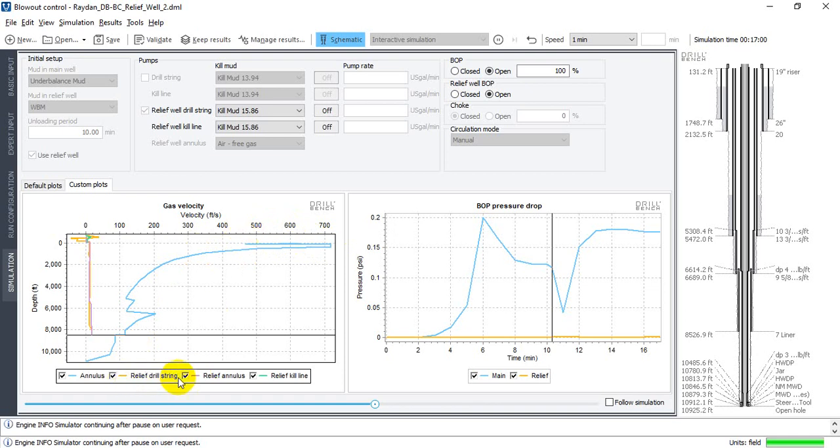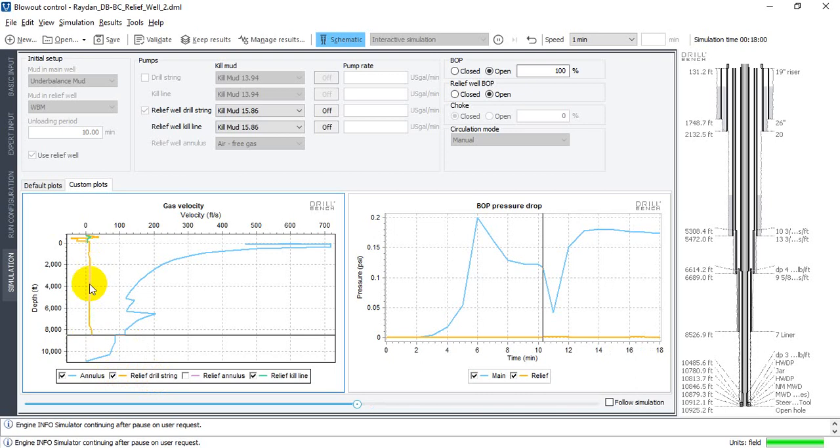Inside the relief drill string it is orange, and the relief annulus is pink. Inside the relief drill string it is 0 velocity per second.